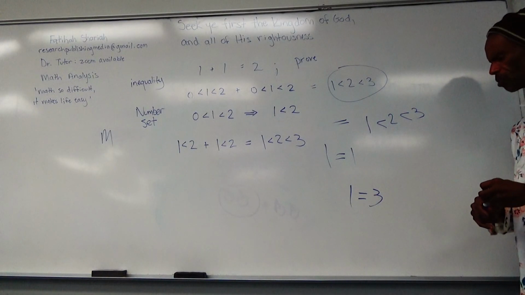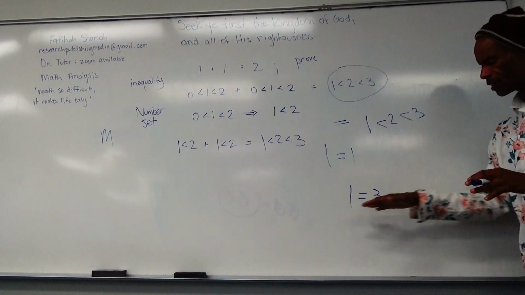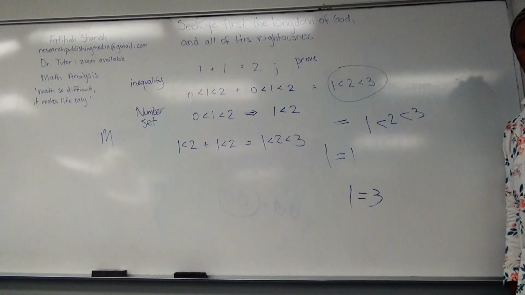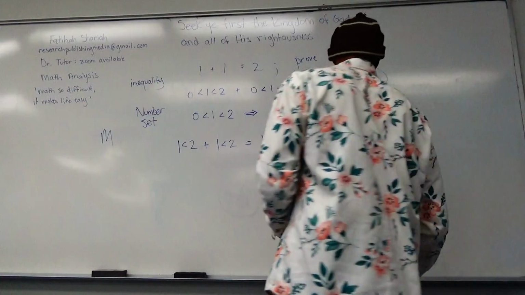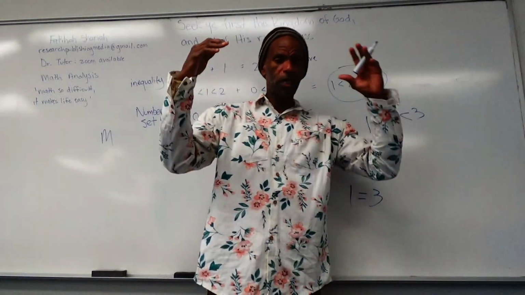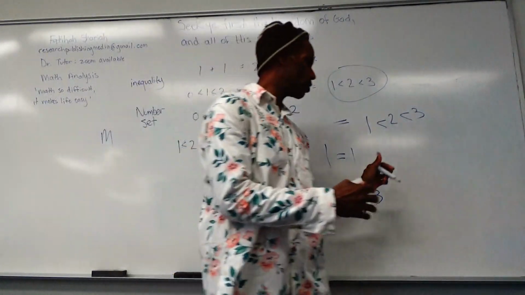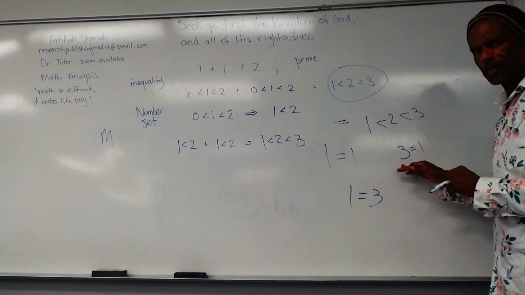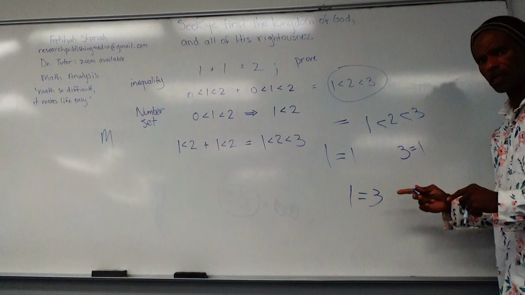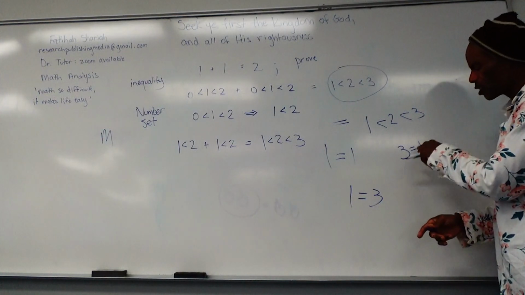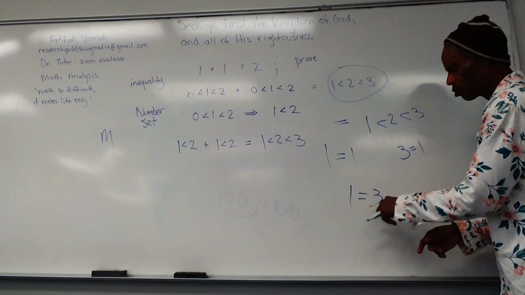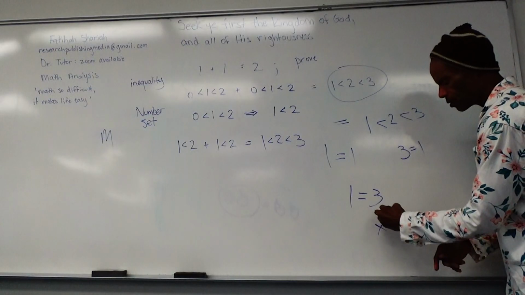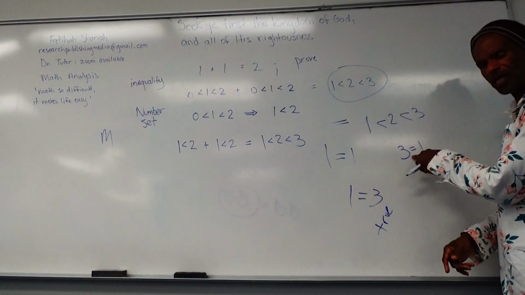No, they're not equal because on this level, they don't even look alike. Now, once you gain control of your intelligence, you can say 3 equals 1. But you got to write that, and you got to let the people know that's what it is. So if you say 3 equals 1, and then you say 1 equals 3, this is a true statement, because over here 3 equals 1.